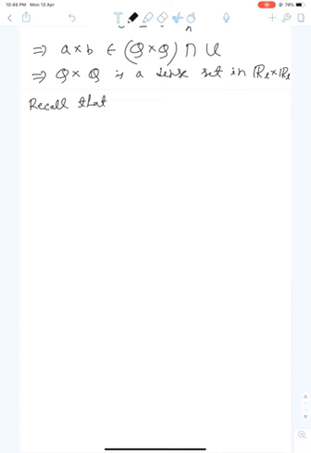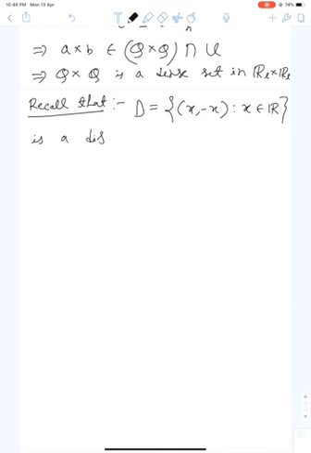Recall that the set D, which is just the anti-diagonal, (x, minus x), x belongs to R, is a discrete set in RL cross RL.